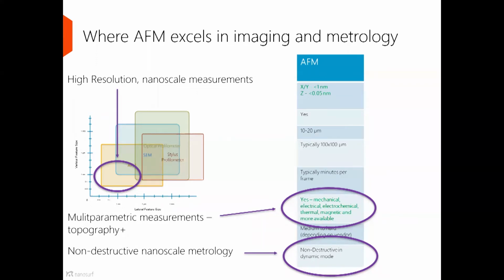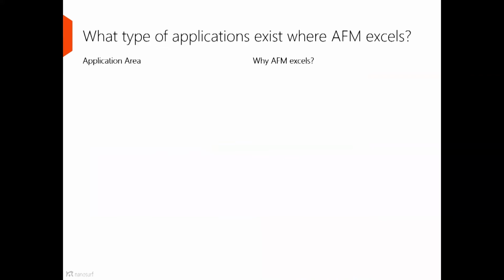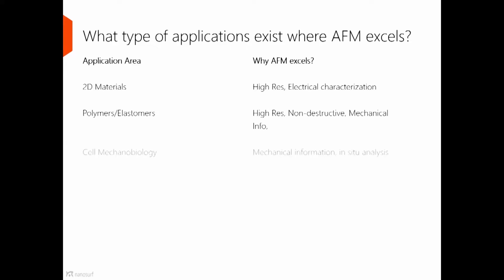So you might think to yourself, what are certain types of applications that exist where AFM excels? So for example, in 2D materials, AFM gives you high resolution data, the ability to maybe do some electrical characterization at the local level. We can look at polymers and elastomers. We can dive into cell mechanobiology for some of us that are into the soft and squishy stuff.